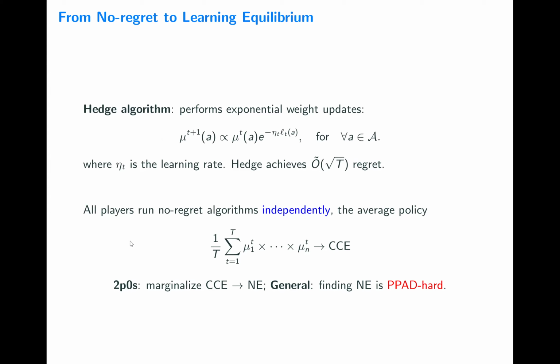How much can you say about which exact coarse correlated equilibrium they converge to, depending on which specific no regret algorithm they use, and whether different no regret algorithms converge to the same coarse correlated equilibrium or different ones? I think this is a very good question.